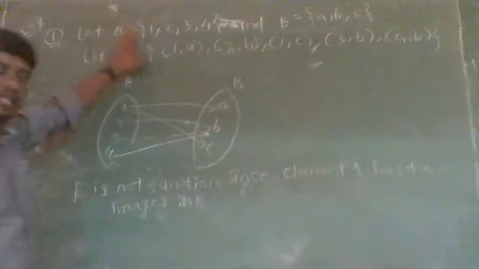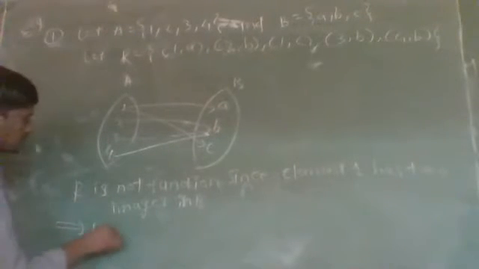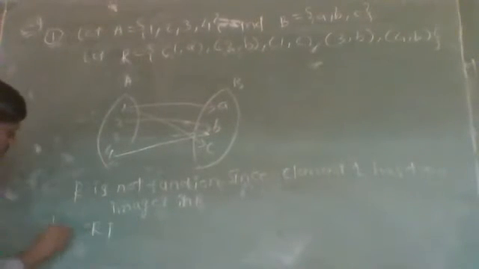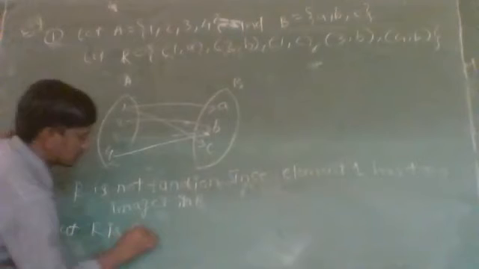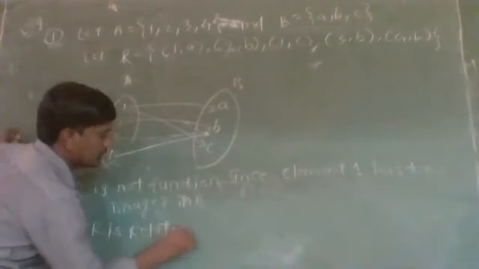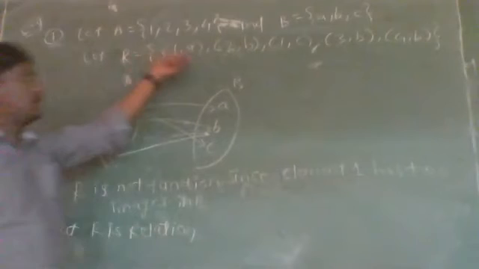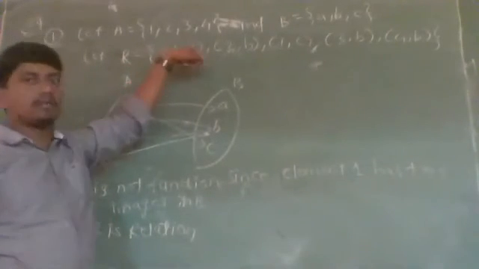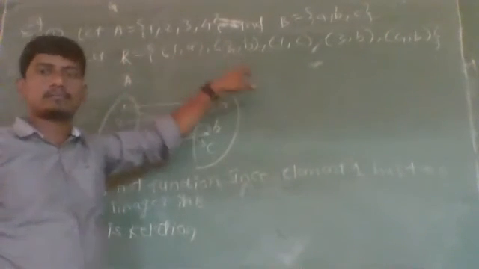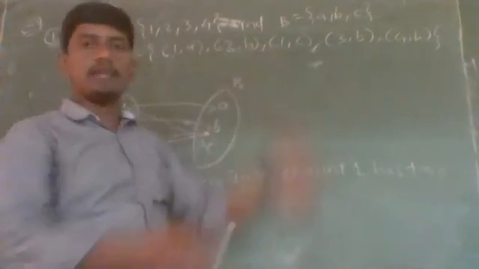So this R is a relation. So this one is an example of a set which is a relation but not a function. Thank you for watching the lecture.